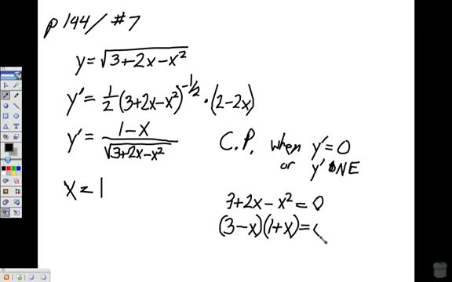So that means our answers are when 3 minus x equals 0, that's going to be x equals 3, or when 1 plus x equals 0, which is negative 1. So those are our candidates. x equals 1, x equals negative 1. Let's change this one to a negative 1, then we'll put 1, and then we'll put 3. That way we've got them in order from least to greatest.